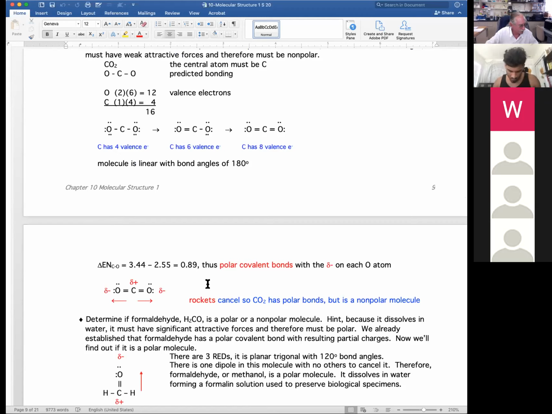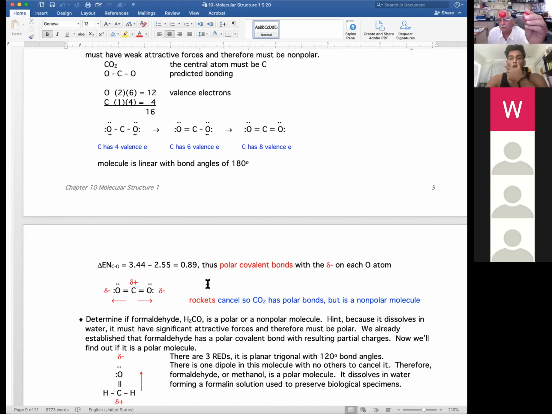And now look at carbon dioxide. It has polar bonds. It has rockets in it. But is it a polar or a non-polar molecule? So I've got 2 rockets.